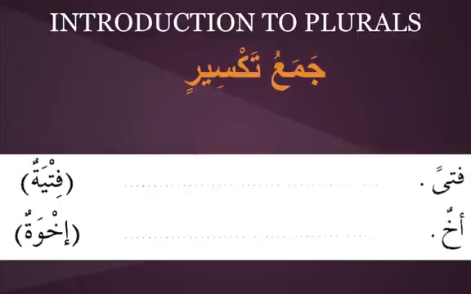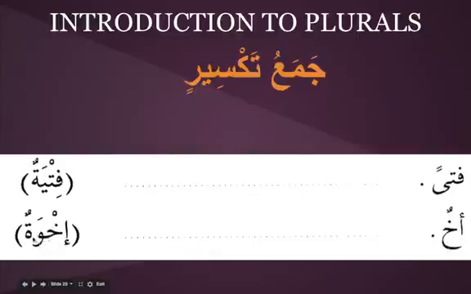Then we got these interesting words to know. Fatan means a young boy, a young man, a young lad. But if you see the plural, it's called fityatun, ending with ta marbuta. This is how we learn that ta marbuta represents feminine 99% of the time, but that 1% we need to learn. We know Hamzatu and Talhatu are masculine names. Now we know the plural of fatan, fityatun, ends with ta marbuta, and the plural of brother, akhun, is ikhwatun.